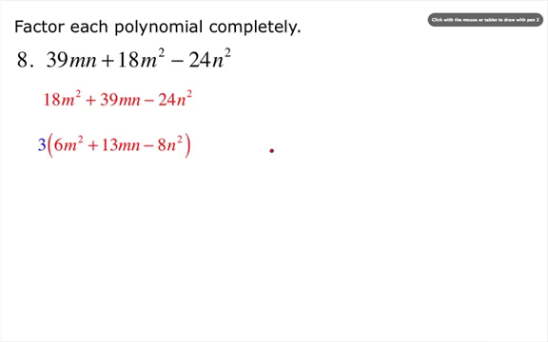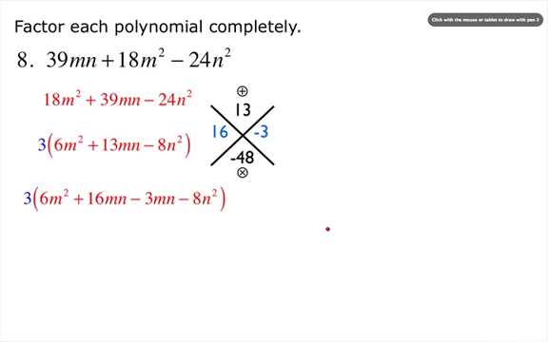So we're going to be working with 13 and negative 48. Two numbers that satisfy that are 16 and negative 3. And then from here, I rewrite this trinomial as a polynomial with 4 terms, so I can apply the process of grouping. Same process you have seen in the previous examples. Group the first two, group the second two.